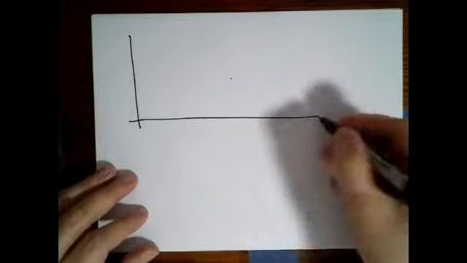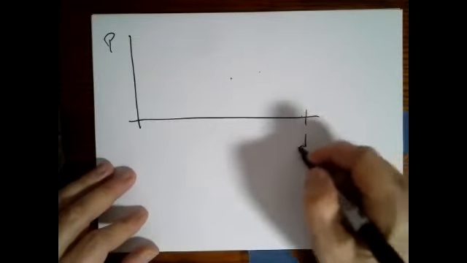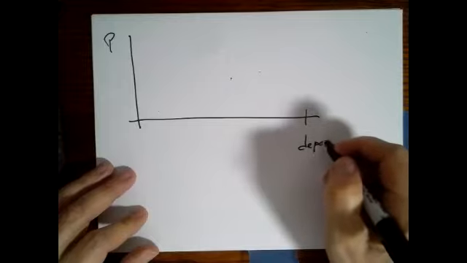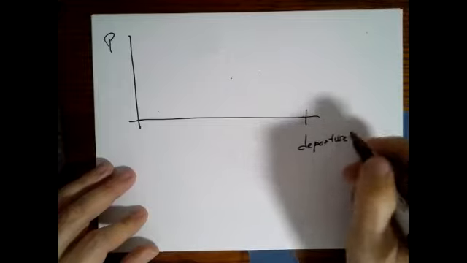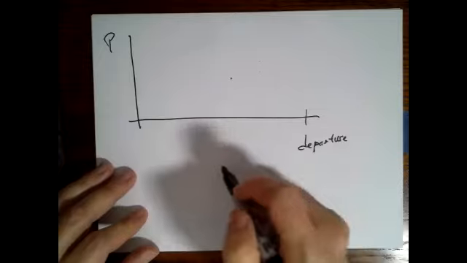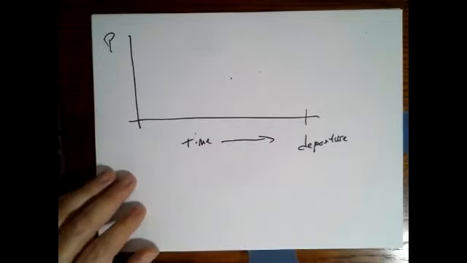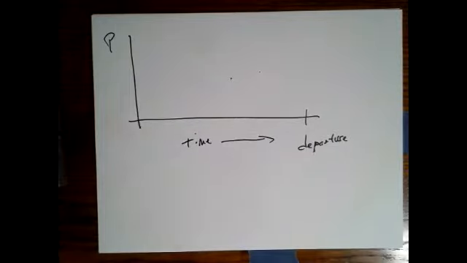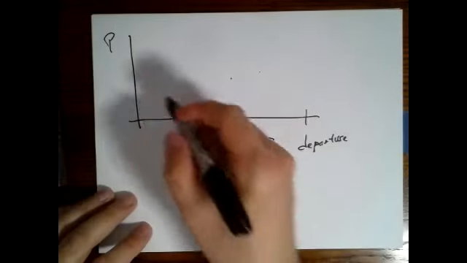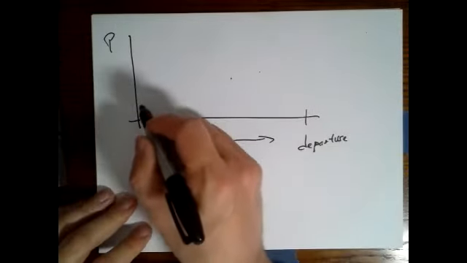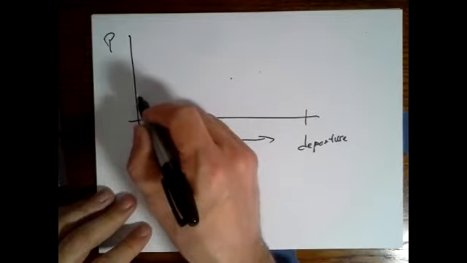One of the cool examples, and maybe you've experienced this, is buying airline tickets. So if this is time, and we approach the departure date, if you're way back here, let's say 6 months out, your price might be here.